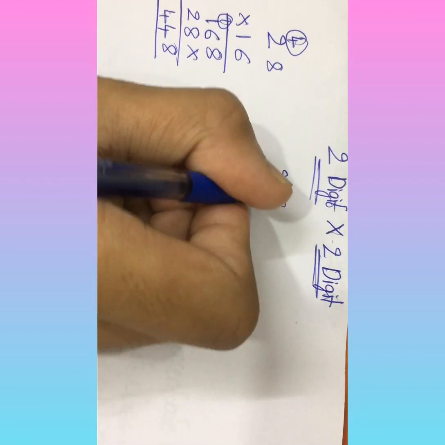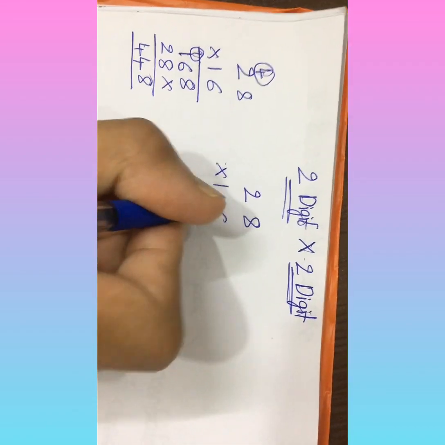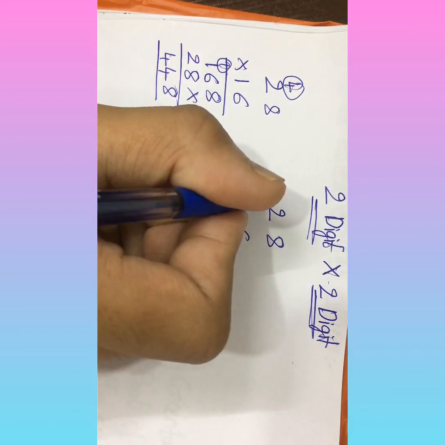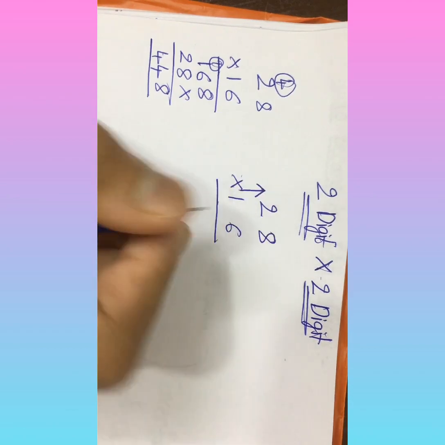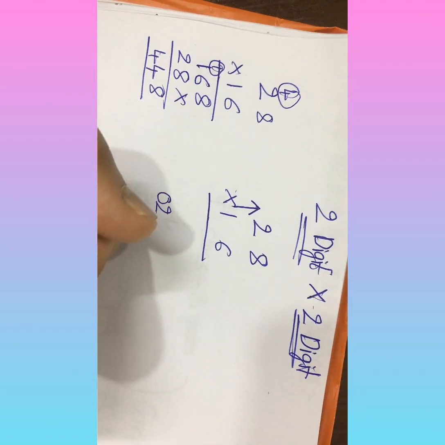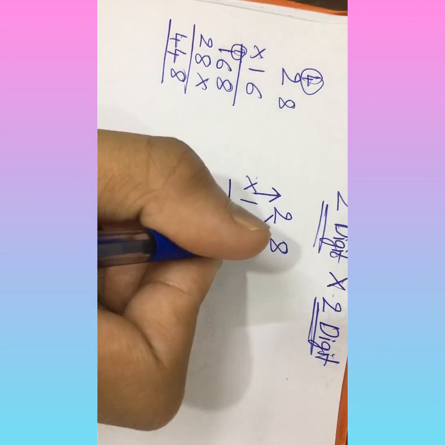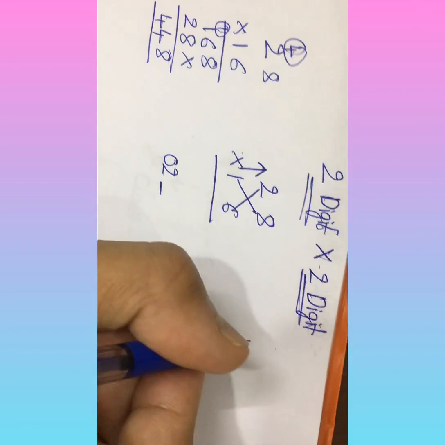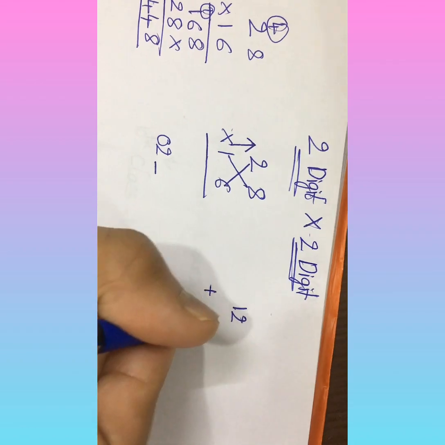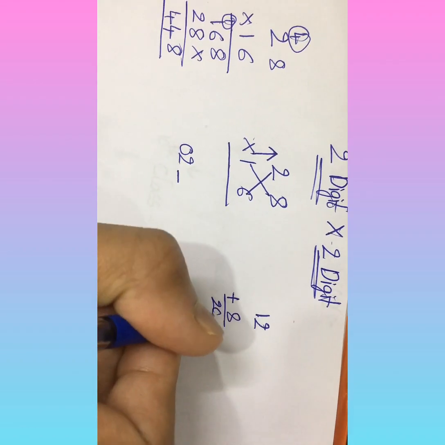But my trick is, 28 into 16. First we multiply 2 into 1, that is 2. The next step is we multiply 2 into 6 plus 1 into 8, that is 12 plus 8, we get 20.